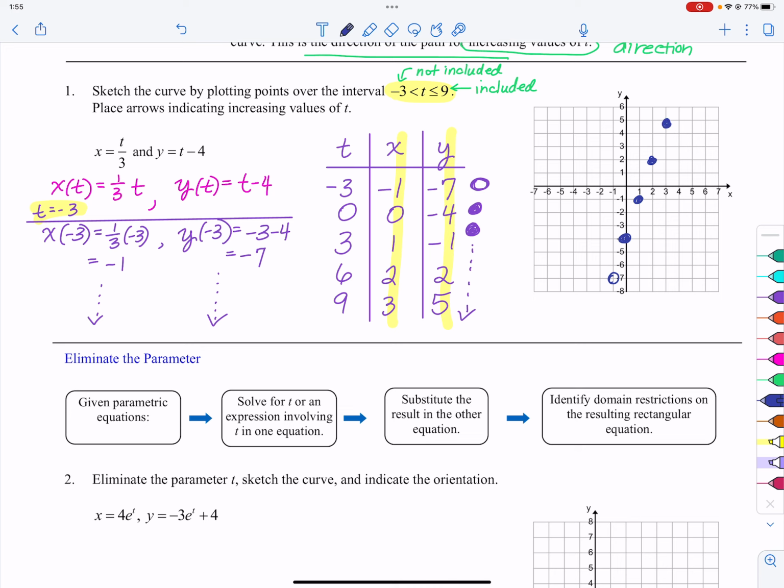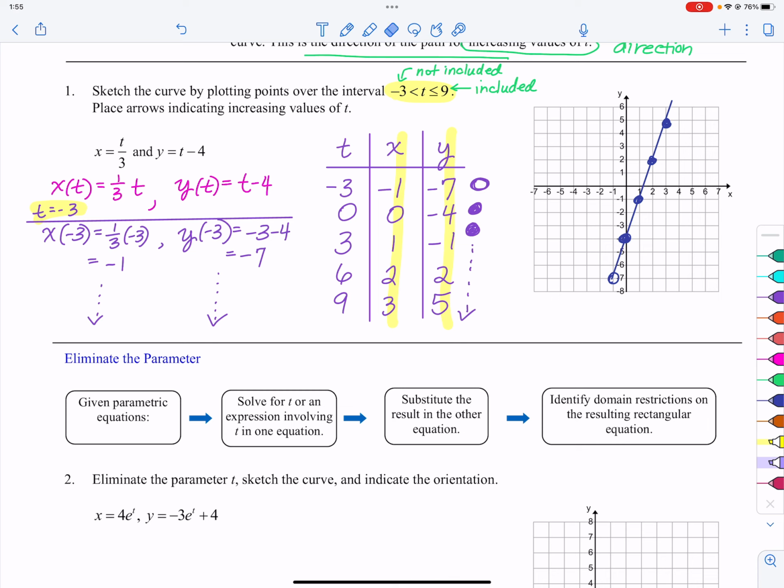Now, this is a curve that we can go ahead and just plot. I think that looks good.